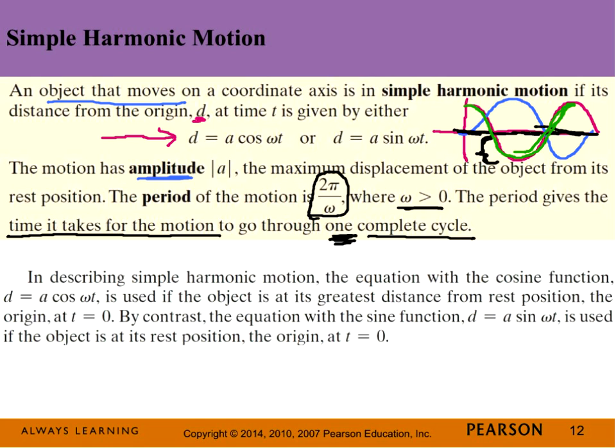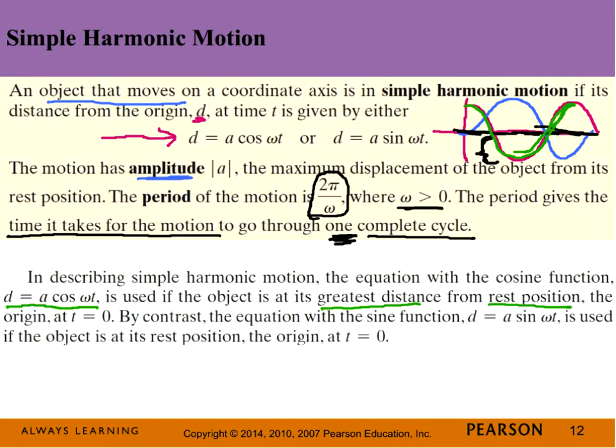All right, so in describing simple harmonic motion, the equation with the cosine function, d equals a cosine omega t, is used if the object is at its greatest distance from the rest position.